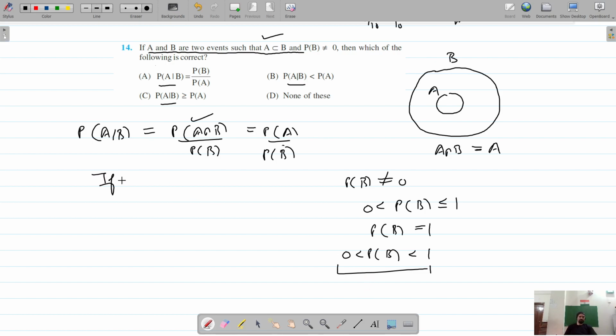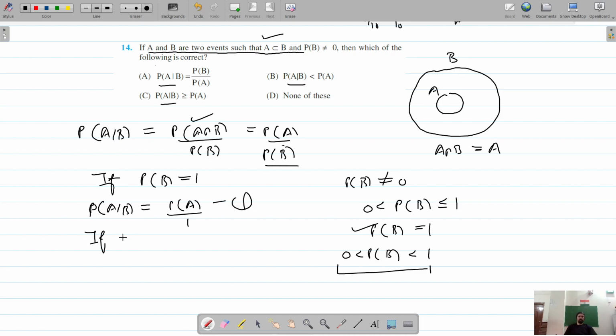Moving on to the first one, let's check the case where probability of B is 1. In that case, probability of A by B is equal to probability of A by 1, so probability of A by B should be equal to probability of A.